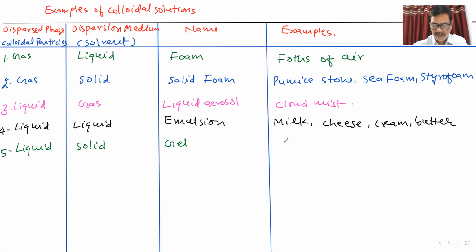Examples are jellies, curd, and cheese. Cheese is actually not an example here.